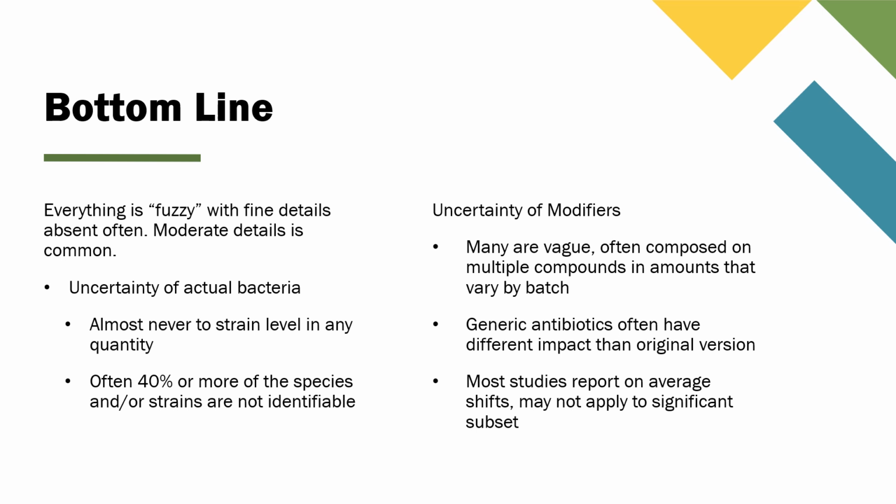If it is, all it does is mean we have even more different pins on our game floor to try sorting out. Generic antibiotics often have a different impact than the original versions.